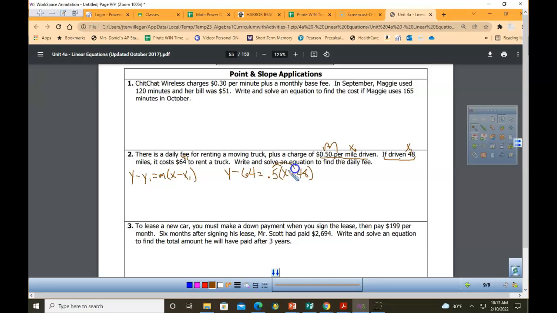So I'm going to distribute this 0.5 through and get 0.5x minus 24. And then I'm going to add 64 to both sides. When I do that, those are going to cancel, and I get y equals 0.5x by my like terms.